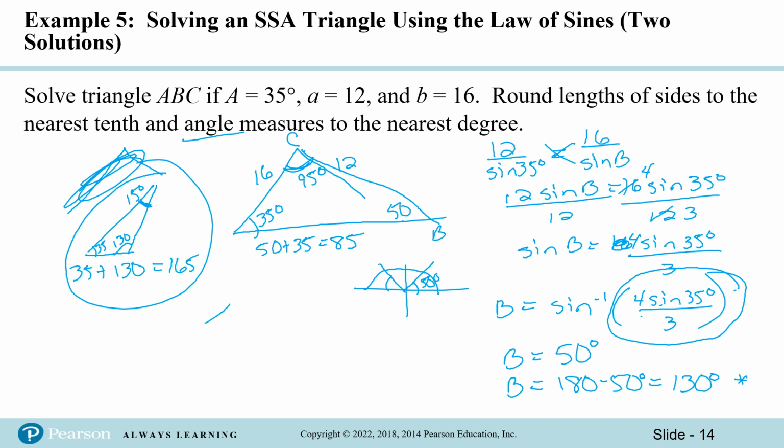So what if this angle here had been 150 degrees, right? And this is 35. Well, 35 plus 150 gives you 185. That's too big, and that wouldn't work. So we would not have this triangle here. We would just have this smaller angle over here.